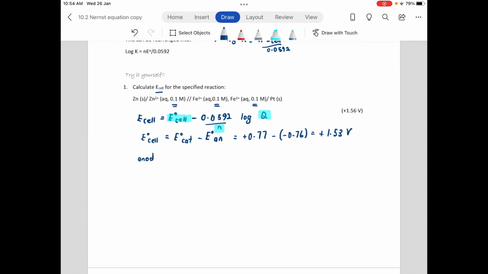So like I have mentioned earlier, we need to write the half cell equation dulu. So at anode, zinc change to zinc 2 plus, the oxidation. At cathode, we have ferrum 3 plus changing to ferrum 2 plus kan, so dia receive 1 electron aja.